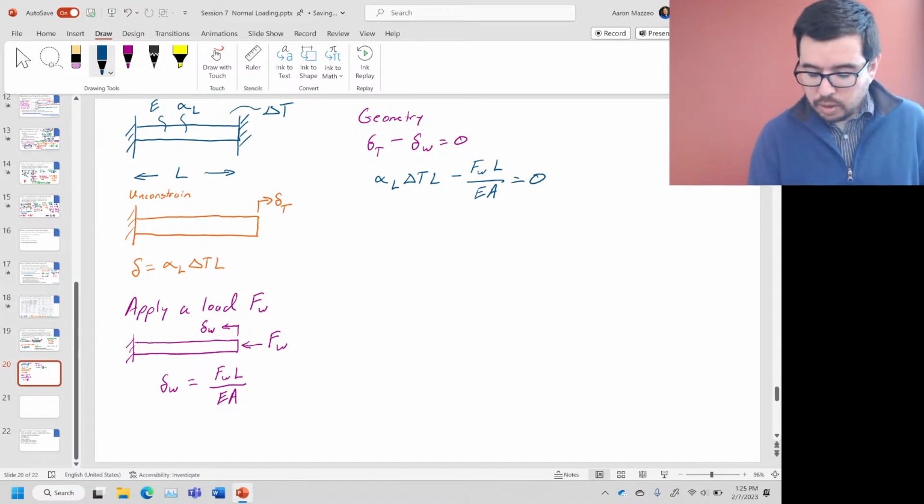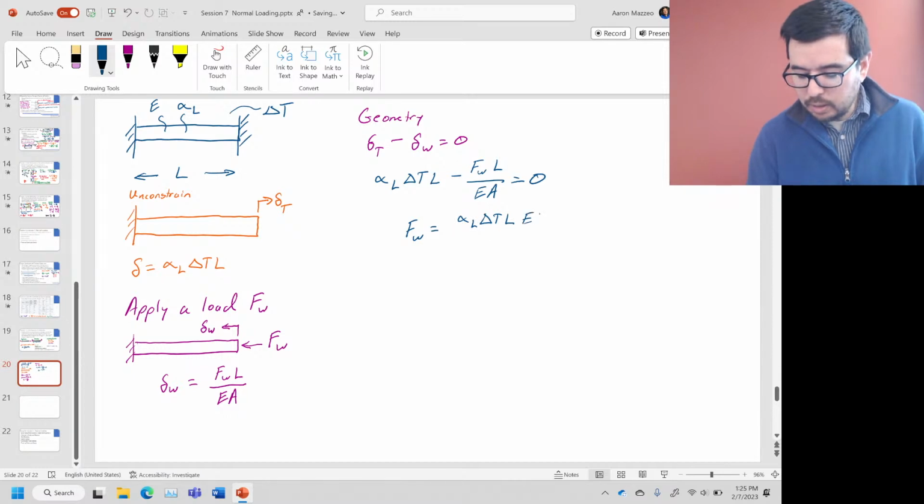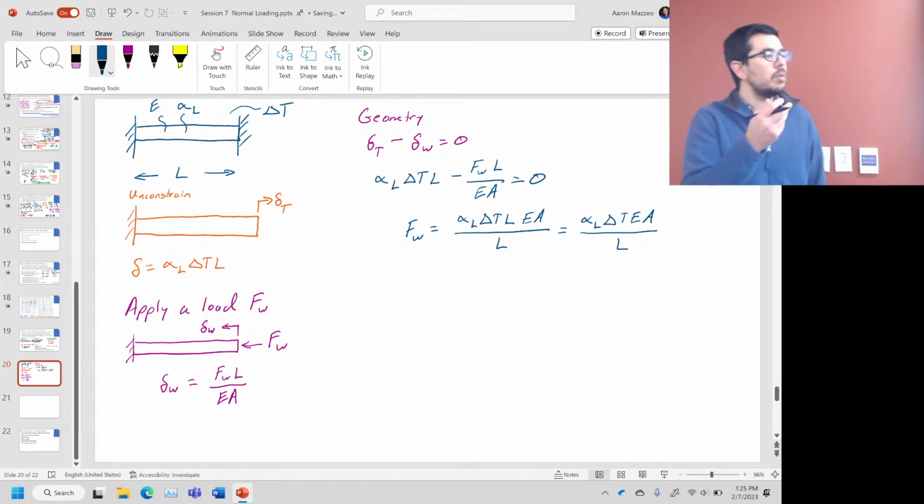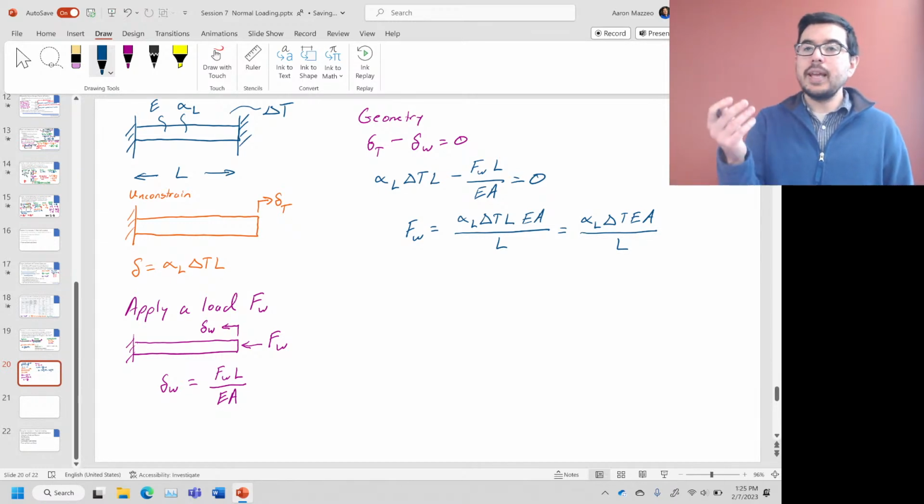And so to solve for FW, we have alpha L delta T L times EA, but also divided by L. So this is a case where thermal strain can lead to a reaction force, which also, did I make a mistake in my math?